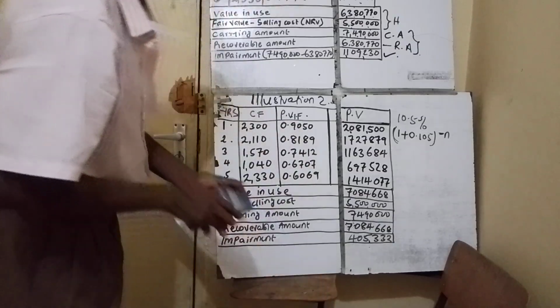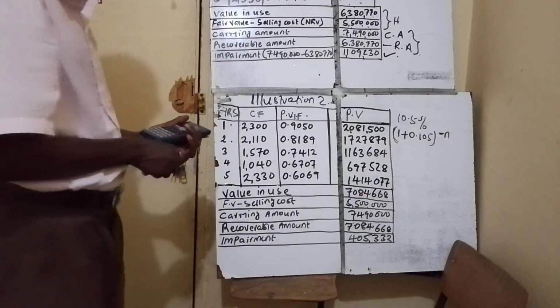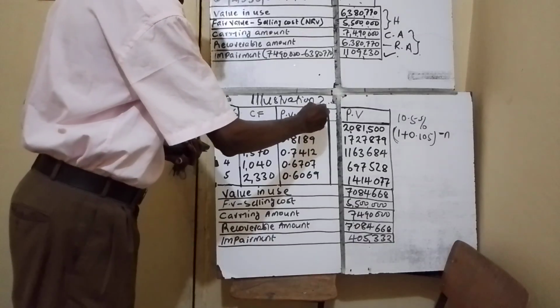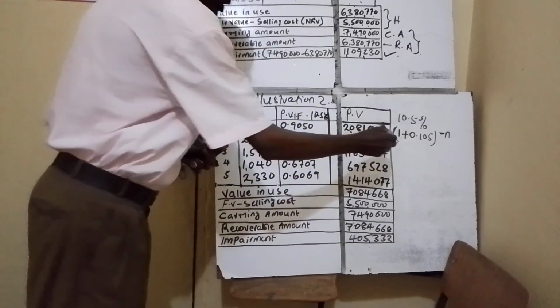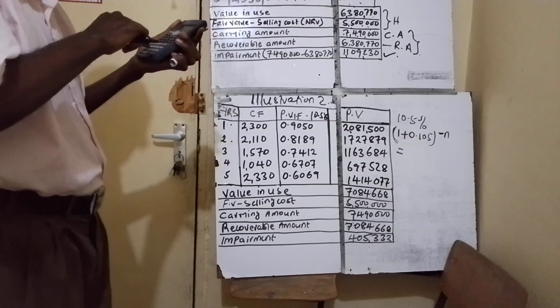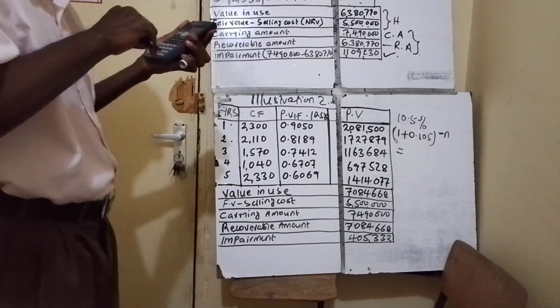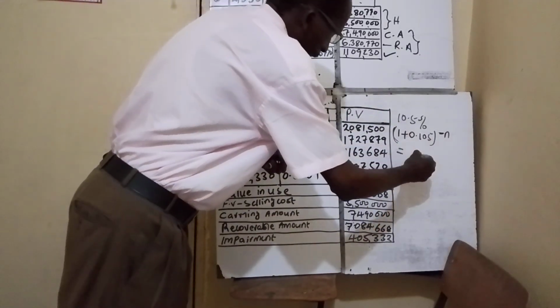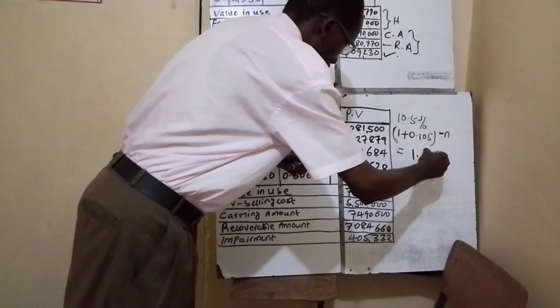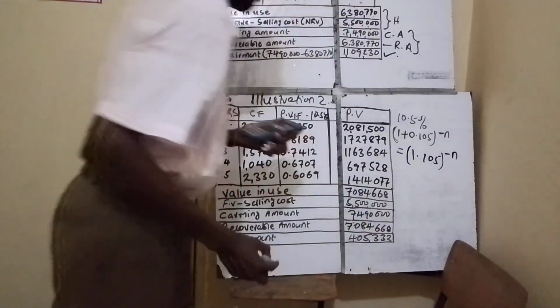The only thing that you change is the present value interest factor, because here we are using 10.5%. So 10.5%, if you add 1, you'll have 1.105 raised to negative n.